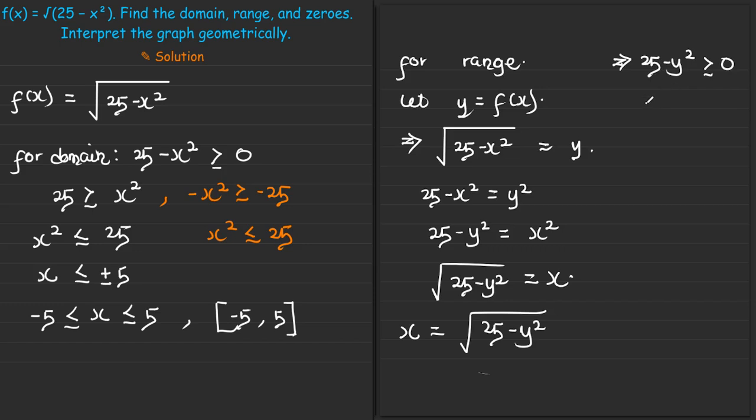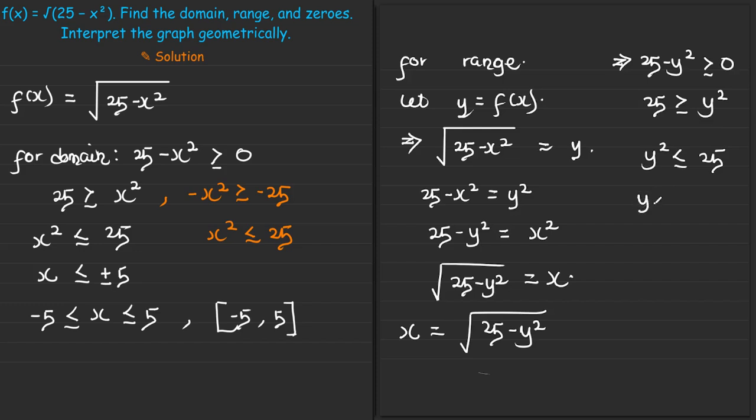Making our y the subject, we have 25 greater than or equal to y squared, which can then be read as y squared is less than or equal to 25. Making our y the subject simply means we'll have to find the square root of both sides.